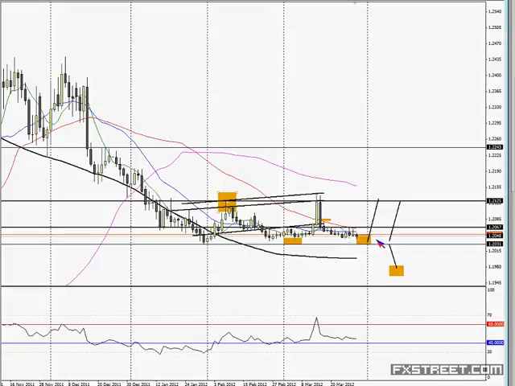So again, this is the scaled in entry. I talk about scaling in a lot in my market intelligence briefings. Scaling in can help from the entry side as well as the trade management side when you look at reward to risk.